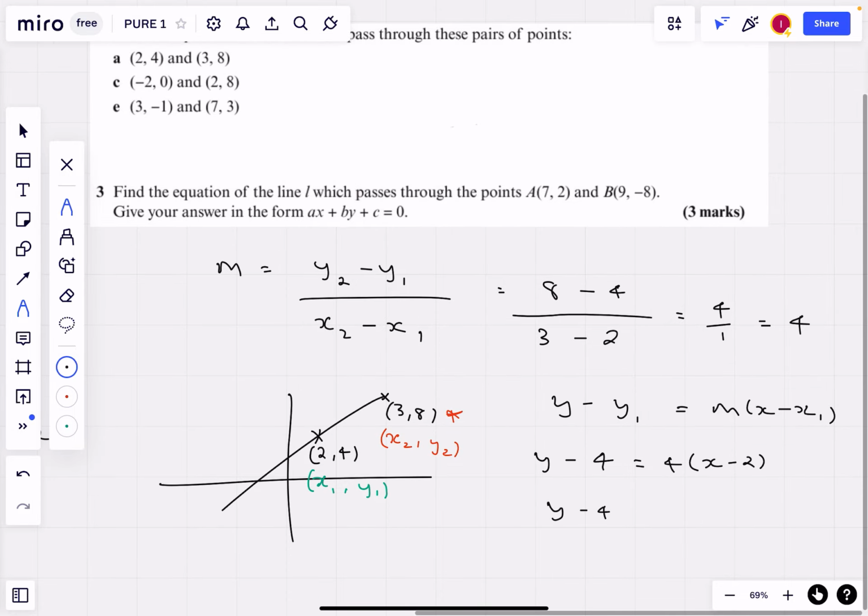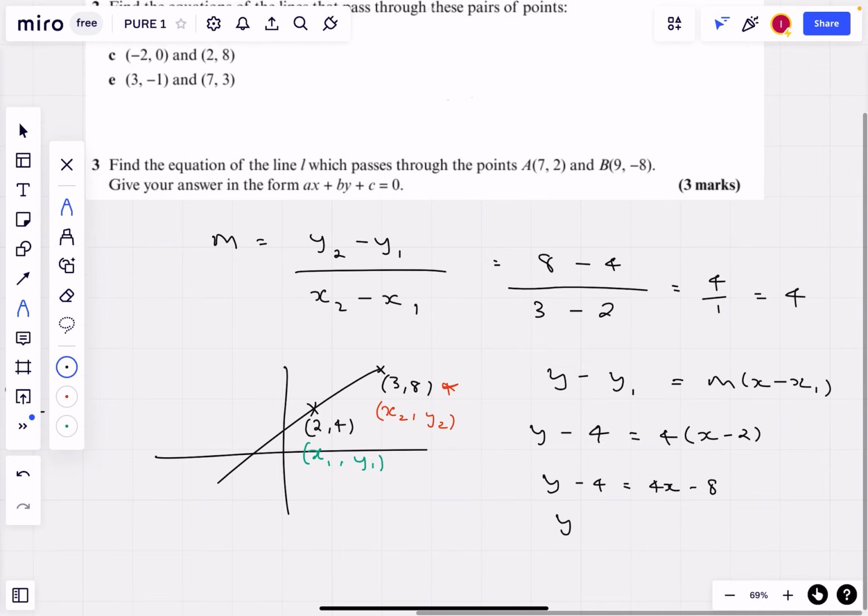So y minus 4 is equal to 4x minus 8. Let's move that minus 4. y equals 4x and then minus 8 plus 4, which is minus 4. So y equals 4x minus 4.